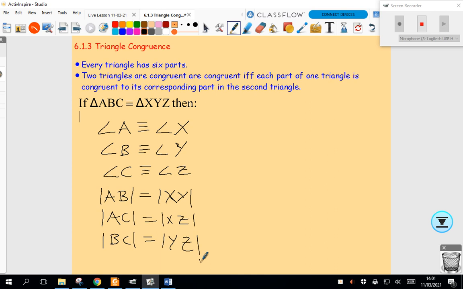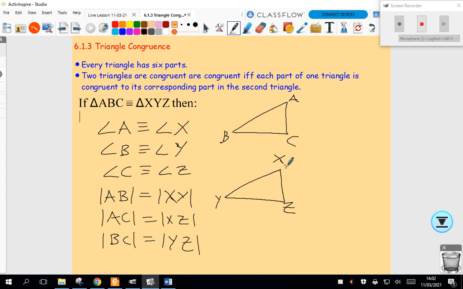Okay, so triangle ABC and triangle XYZ. Looks something like that.